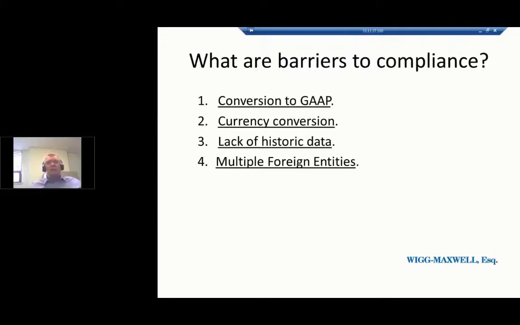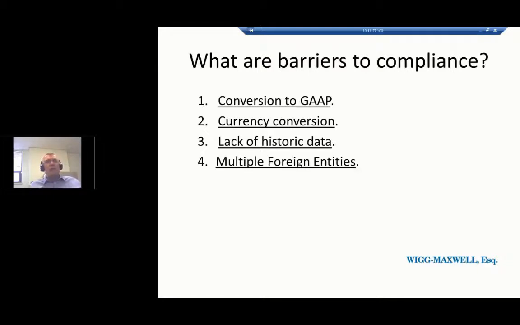And there's certain basic issues that come up in dealing with Form 5471 that relate to data quality issues. One of the problems in the data here is that you're going to have to convert from the foreign accounting system that your foreign corporation uses to GAAP-associated accounting techniques.